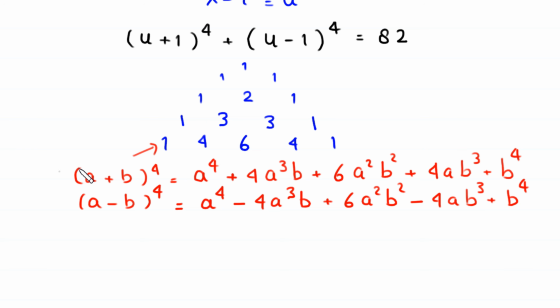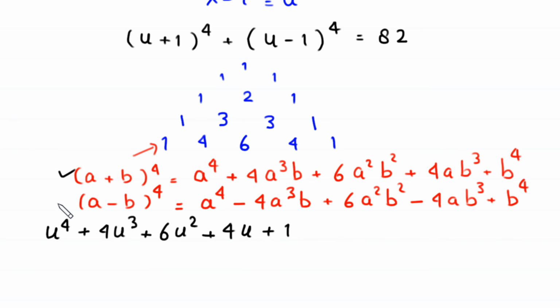By using this identity, (u + 1)^4 will become u^4 + 4u^3 + 6u^2 + 4u + 1, since 1 to the power 4 is 1.